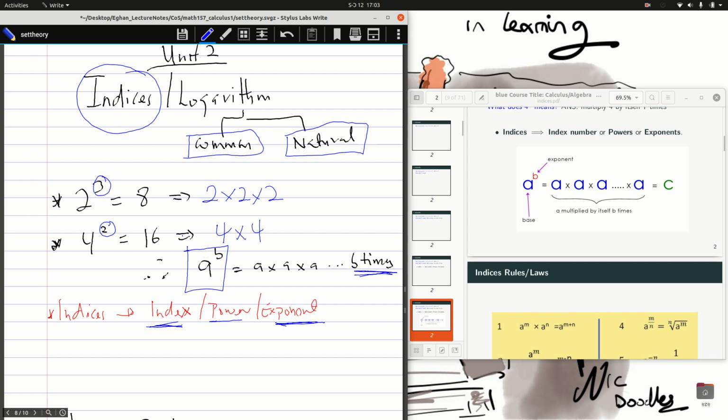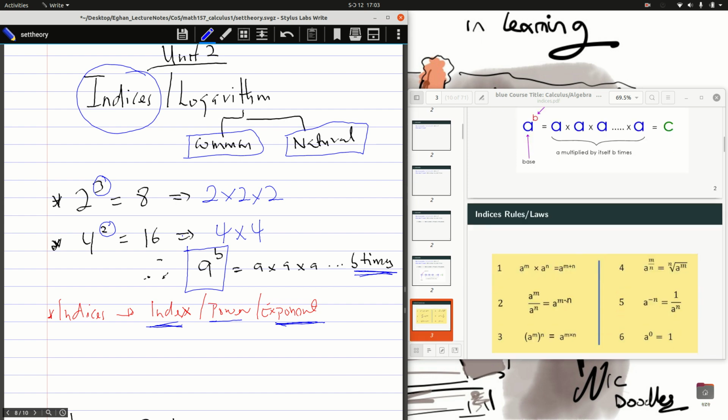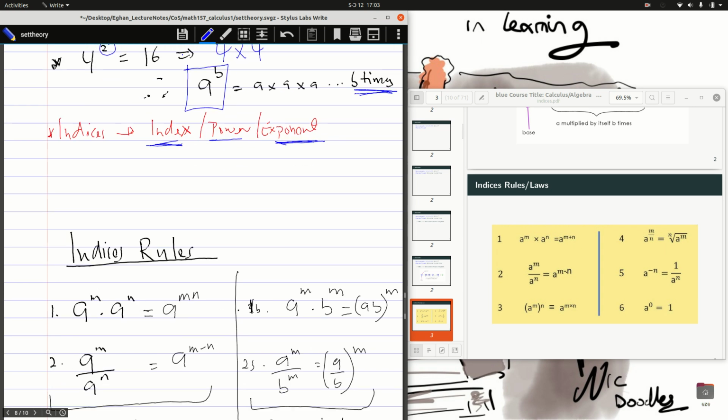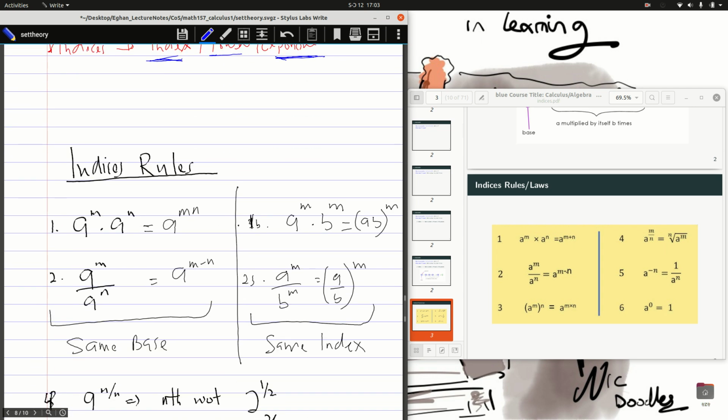Now, how do we express this? We can use certain things called the indices rules or the laws governing this. I'll take you through the rules one after the other so you follow me. Rule 1 says, don't forget these are your bases. A and A are bases.